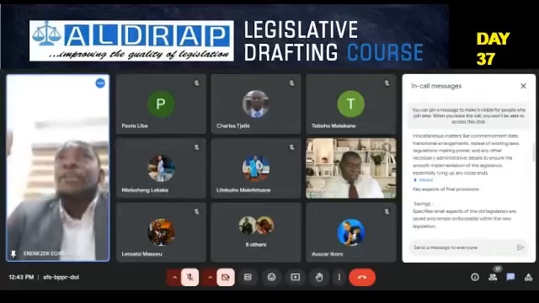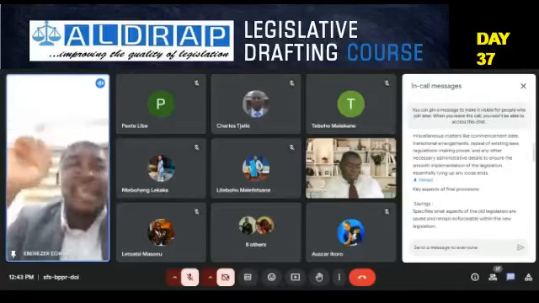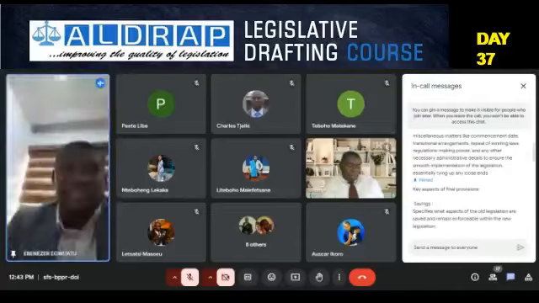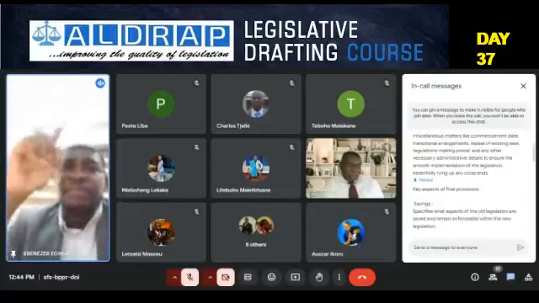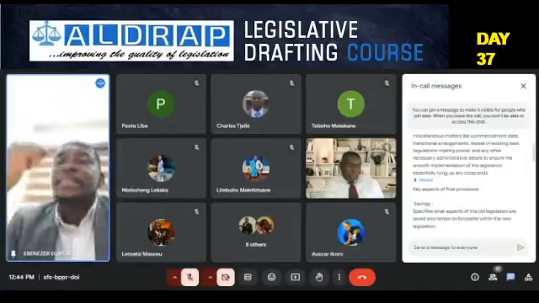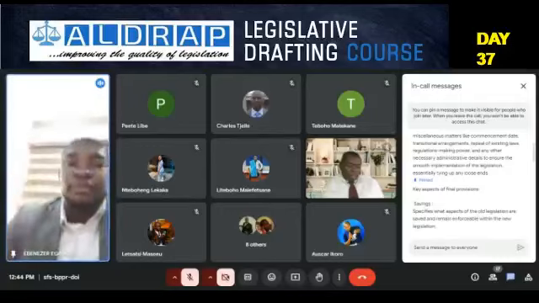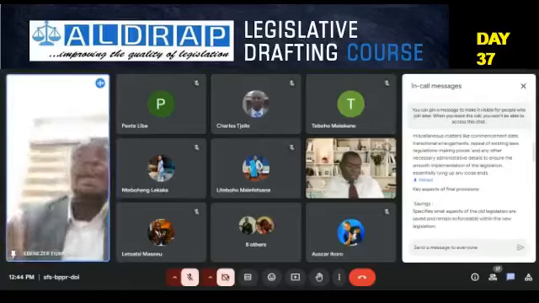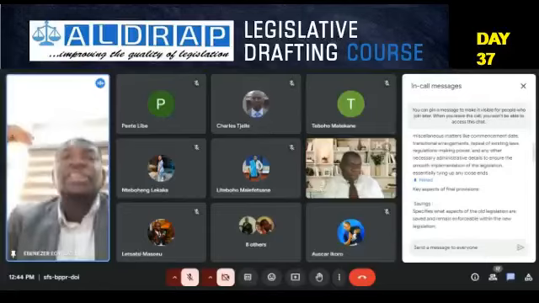If you're using Legislator, it will not allow you to skip any of the stages. You cannot forget any clause if you are drafting with Legislator, because Legislator will not allow you to move to principal provisions if you have not completed drafting your preliminary provisions.